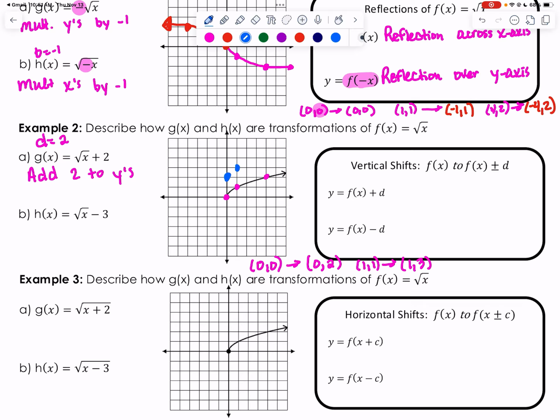Do you see how that shifted up 2? Then I'm going to take our third critical point, 4, 2, and add 2 to the y value. That would give me 4, 4. So notice that each point on the original function shifted up 2 units, and it's going to look like this.